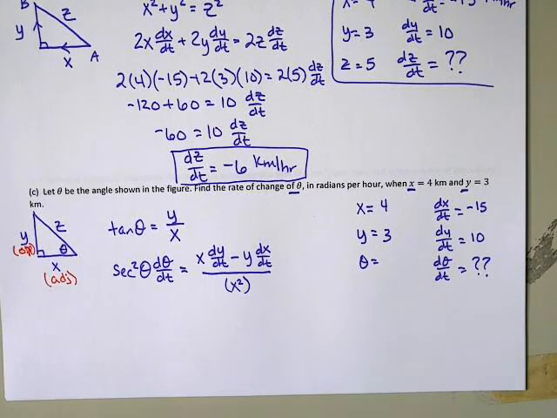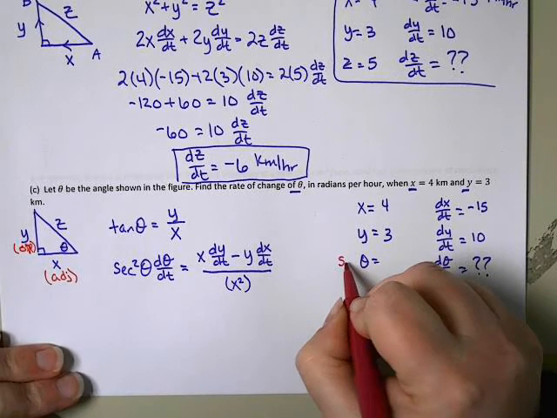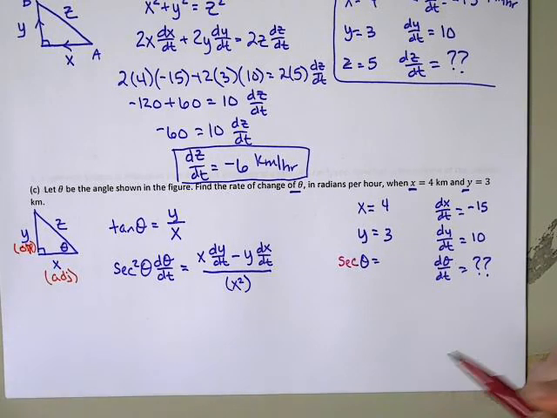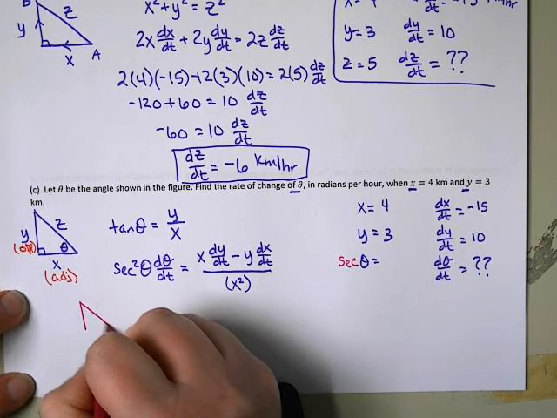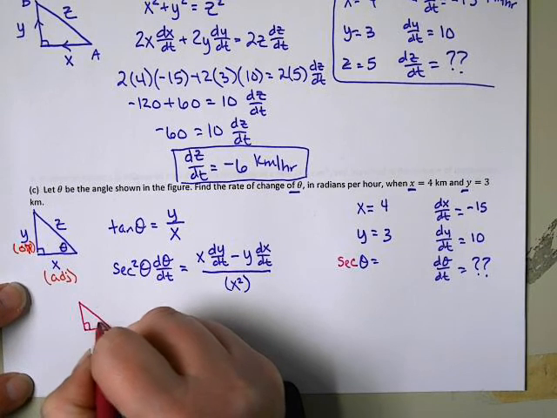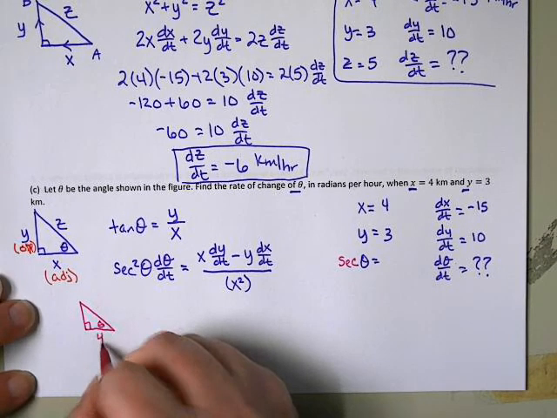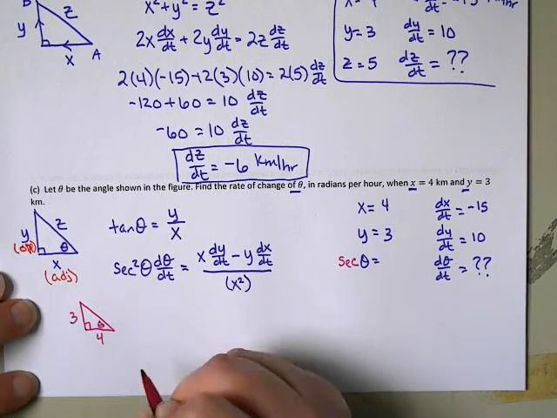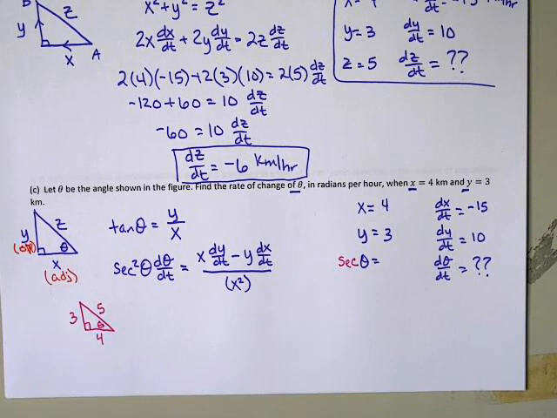Which means we're still trying to find theta in order to be able to use this problem. But here's where things are going to get a little different. We're not actually going to solve for theta because that would require a calculator. So instead, we're going to solve for the secant of theta. And we're going to do that using our right triangle. So we know at this specific point in time that x is 4, y is 3, and we've already used Pythagorean theorem or a triple to solve for the hypotenuse, which is 5.